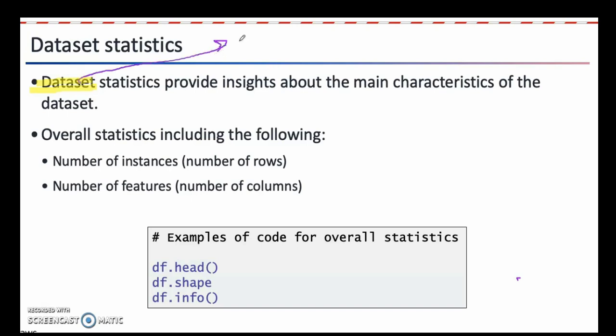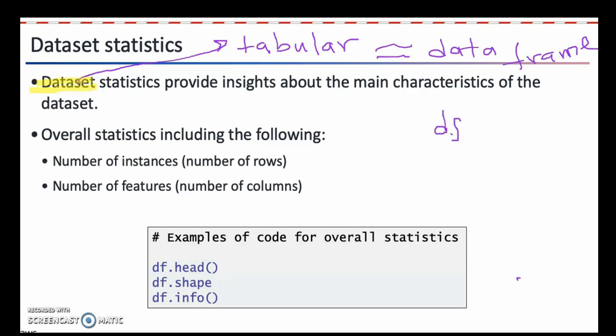So when we say data set here, we're assuming that the data is stored as a table or has tabular form. So when we say tabular data, we're using the data structure we know as data frame. And so for at least what's summarized in this slide here, we're assuming that this data frame is generically stored in a variable called df. And this is a brief overview.